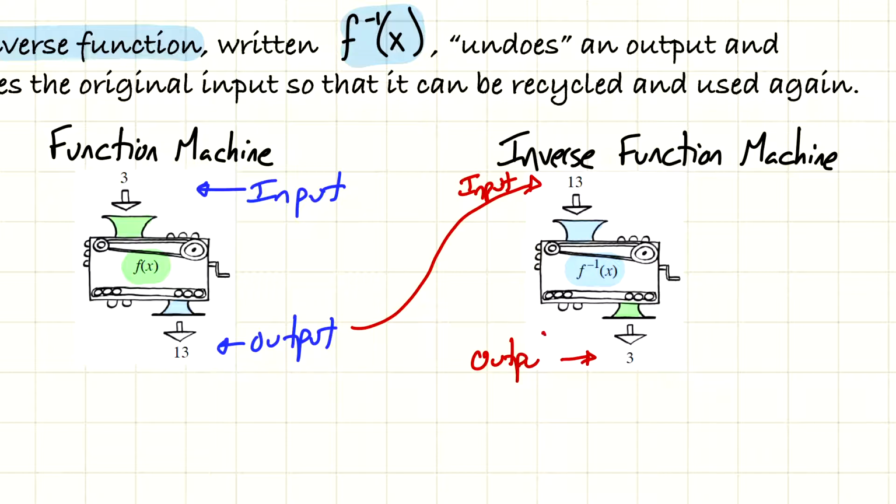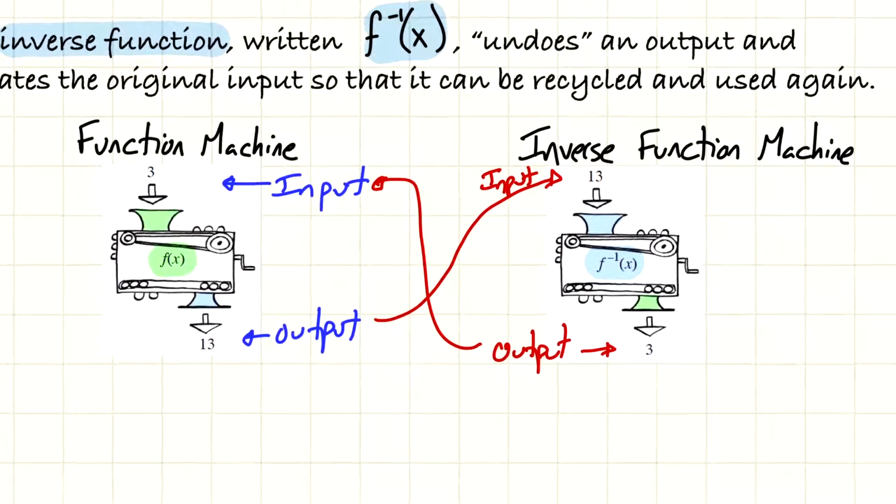You'll notice that output was the same as the original input, which is what should happen, right? If I give you $3 and you give me, let's say, some fries, and I say, you know what, I changed my mind, here's your fries back, I would expect to get my money back, the $3. So, even exchange. This is the general idea of how an inverse function works.